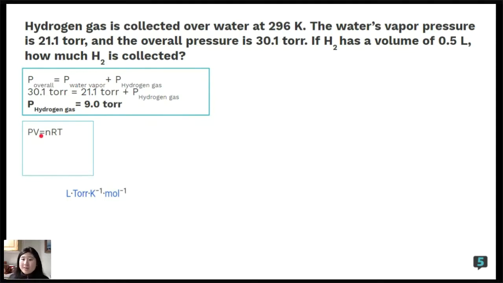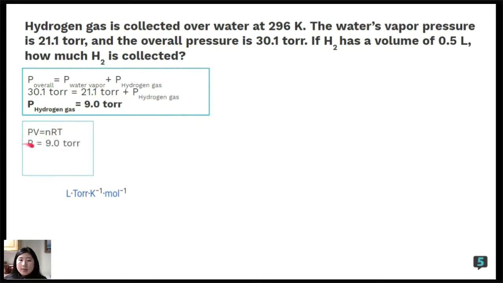If you know three of these quantities, say the pressure, the volume, and the number of moles, then you will automatically be able to find the temperature of this gas. So it's very easy to use.